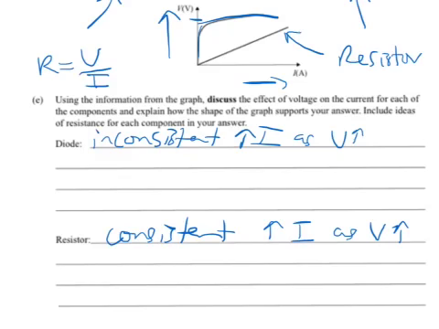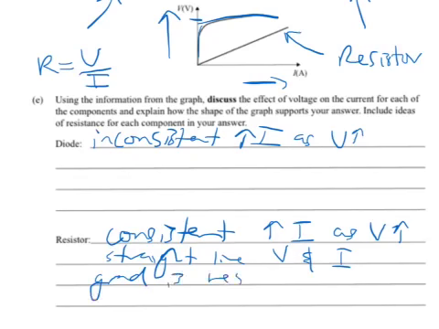Now explaining how the shape, you can talk about two things. You could just talk about the straight line for the resistor, showing voltage and current increasing together evenly. You could also talk about the gradient. The gradient is the resistance, and that is constant, which means constant current.